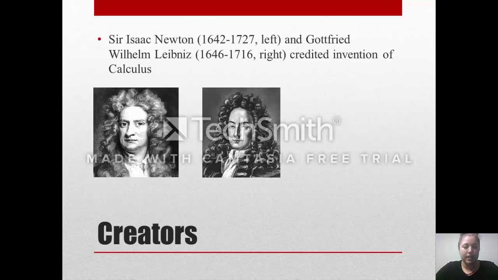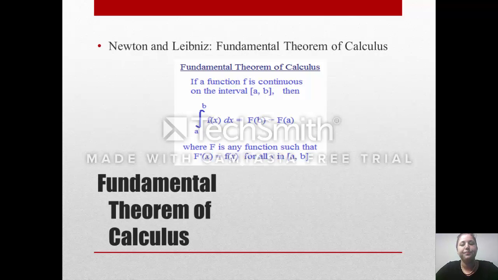The ones who actually connected the two were Sir Isaac Newton and Gottfried Leibniz, and they were credited with the invention of calculus. They founded the fundamental theorem of calculus, which connects the two calculuses.